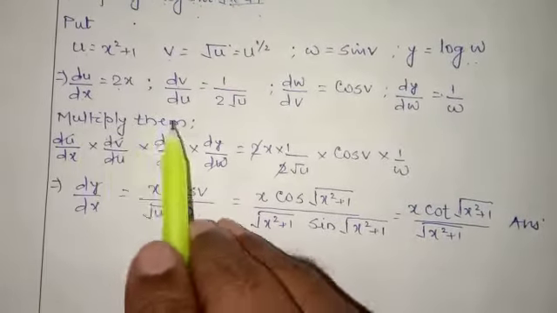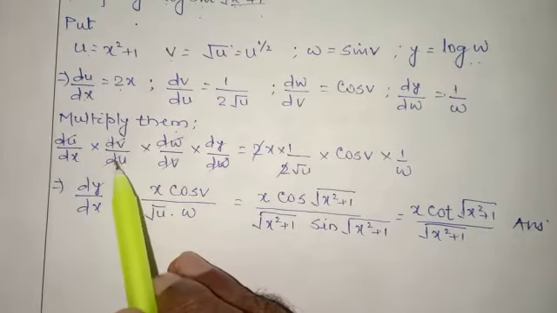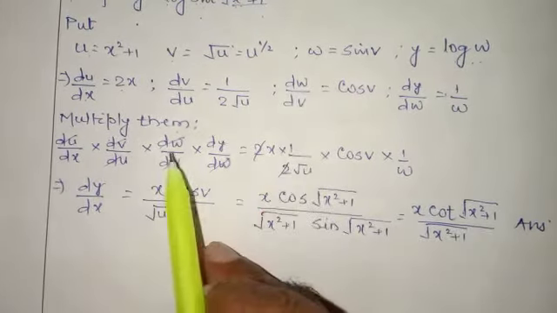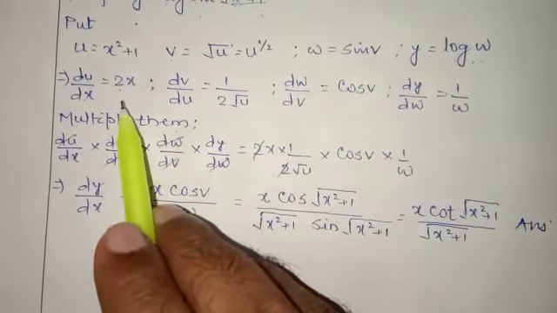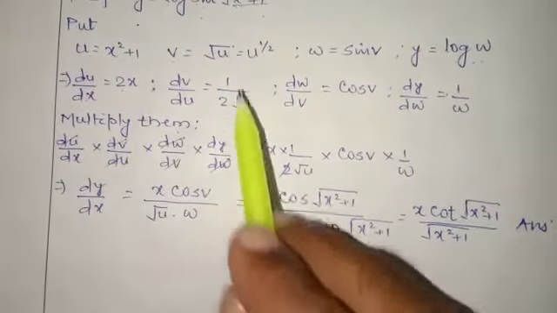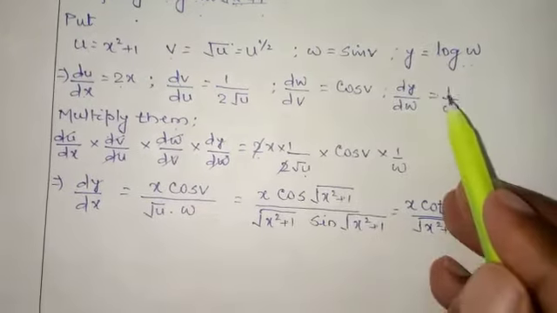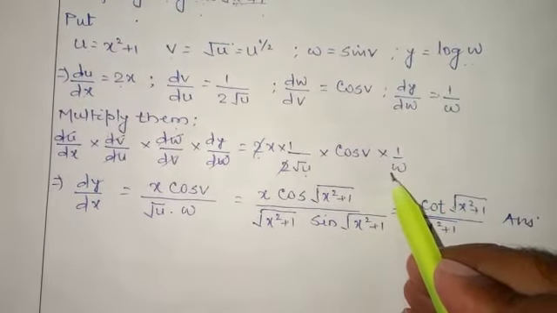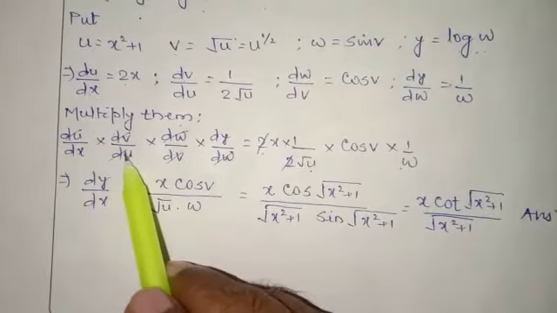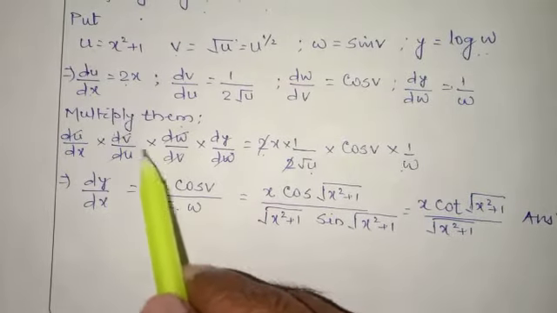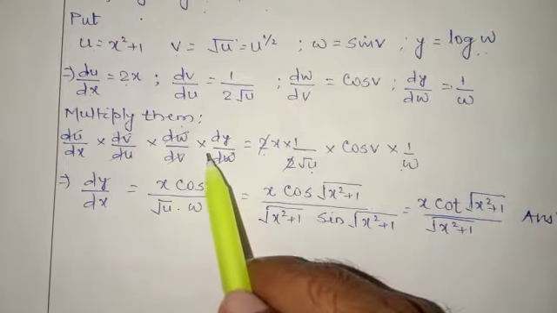So multiply them. On the left side we have du by dx into dv by du into dw by dv into dy by dw. And on the right side we have 2x into 1 by 2 under root u into cos v into 1 by w. Now see carefully. On the left side du and du cancel, dv and dv cancel, dw and dw cancel.